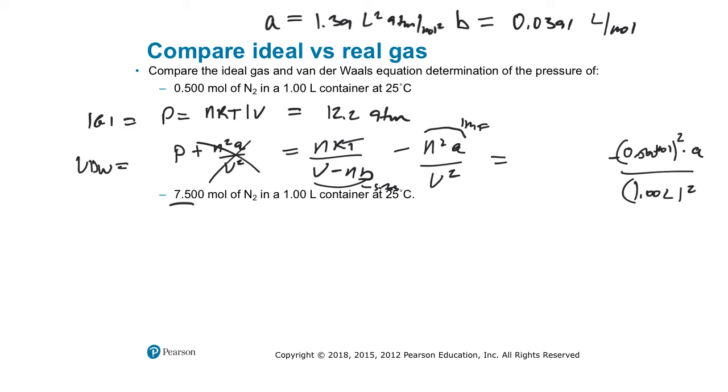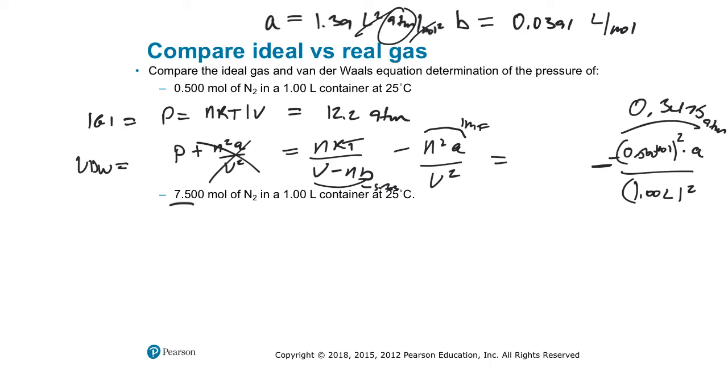The liter squared in the denominator cancels, and the mole squared cancels, so we get just atm out from this calculation. So 1.39 times 0.5 squared divided by a liter squared is 0.3475. So in terms of the 12.2 atm total pressure here, we had maybe an error of 0.3 atm due to the intermolecular force term.